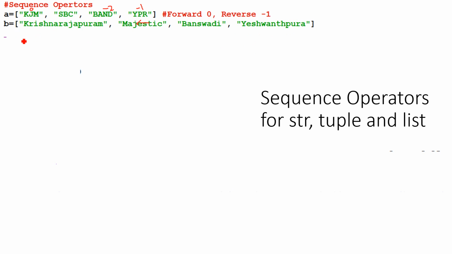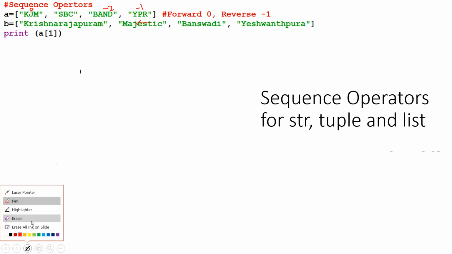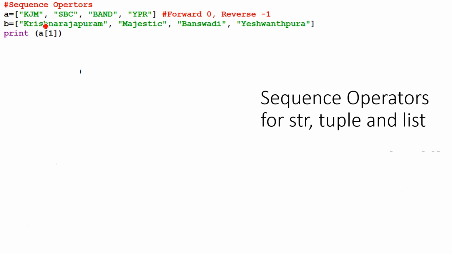Now let us do some operations on these two lists. The first one is we are trying to access the index 1 position of the A list. What will be the index 1 position of the A list? So this is 0 and this will be 1.